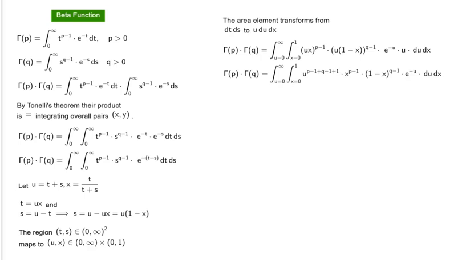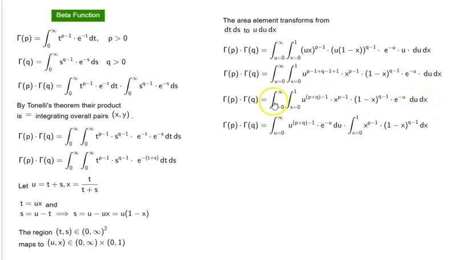So we need to be very careful with these substitutions. Simplifying it further, minus 1 plus 1 cancels out. We have u to the power of p plus q minus 1 times x to the power of p minus 1 times (1 minus x) to the power of q minus 1 times e to the power of minus u du dx.